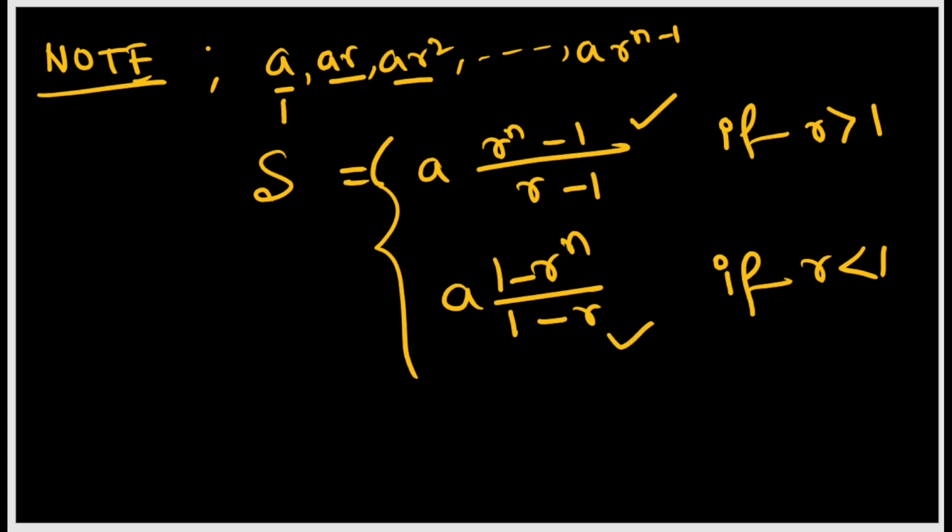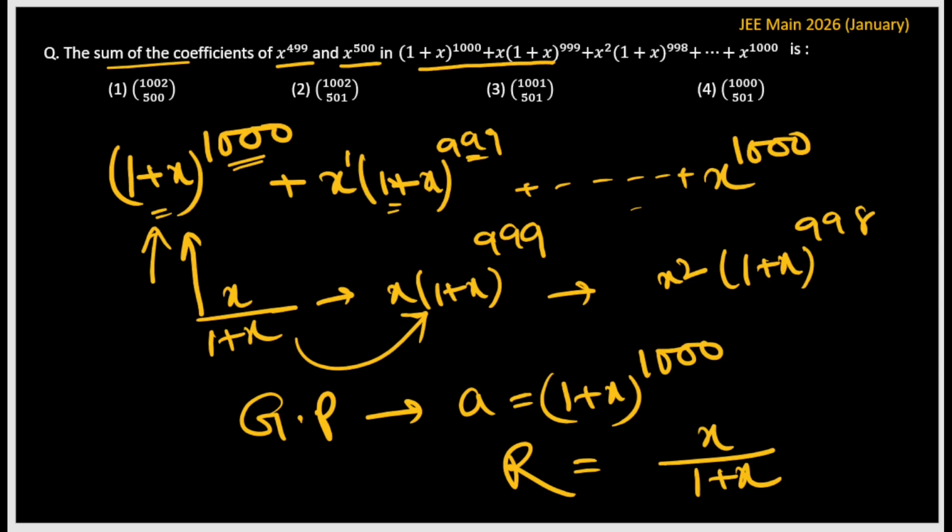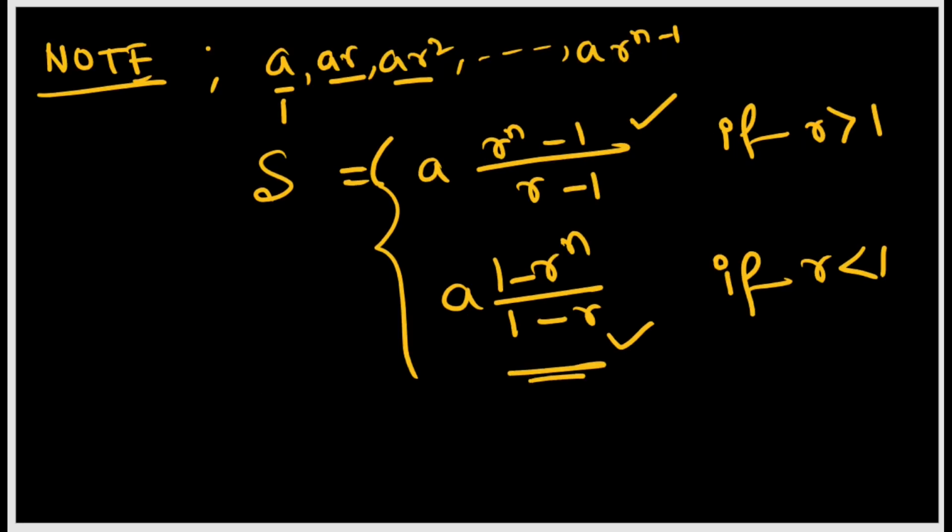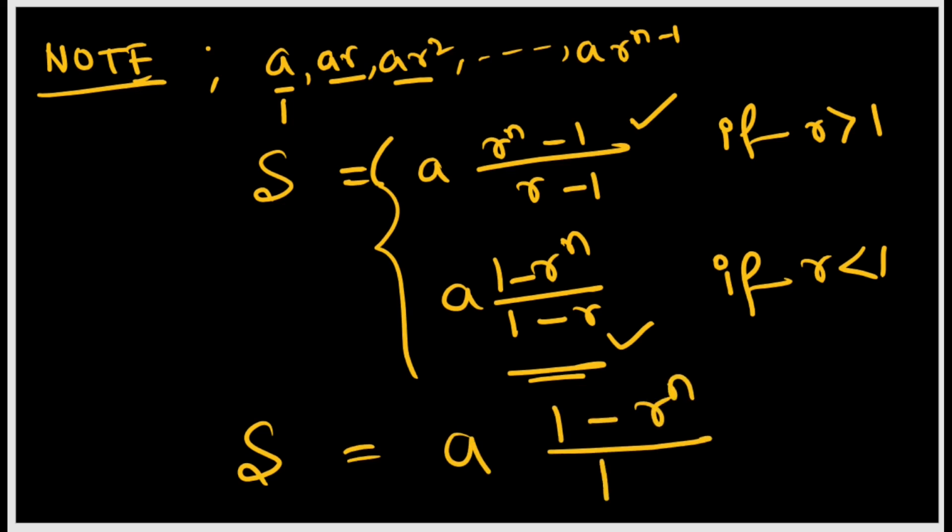In our case, r is x over 1 plus x, which is strictly less than 1. So we apply this sum formula: S is equal to the first term into (1 minus r to the power n) over (1 minus r).